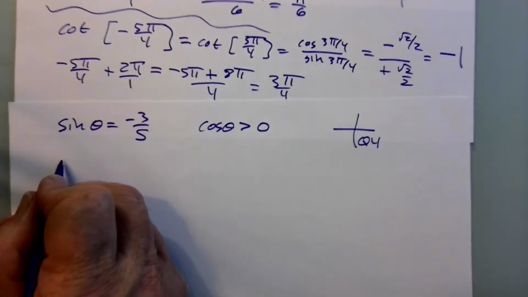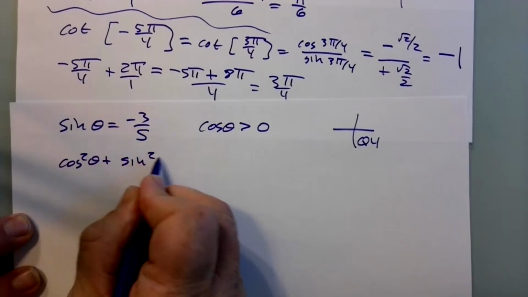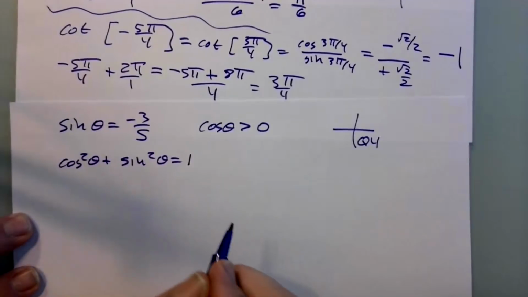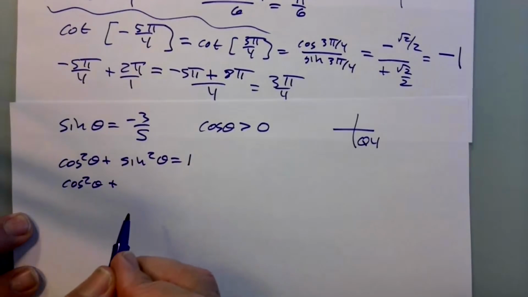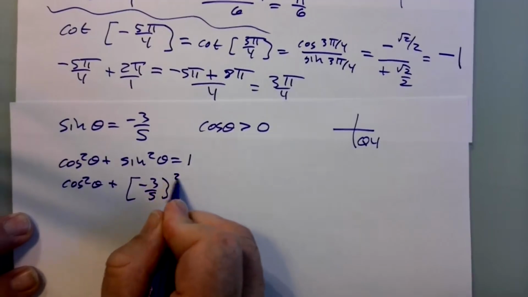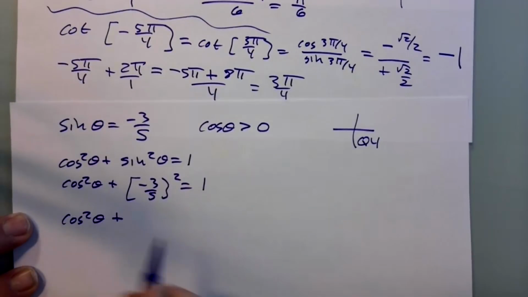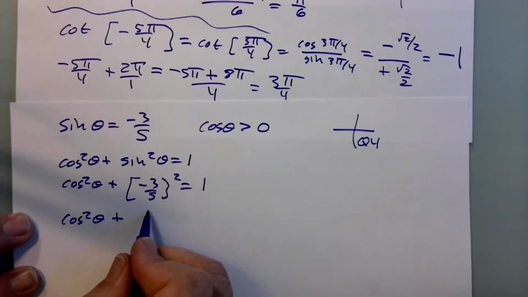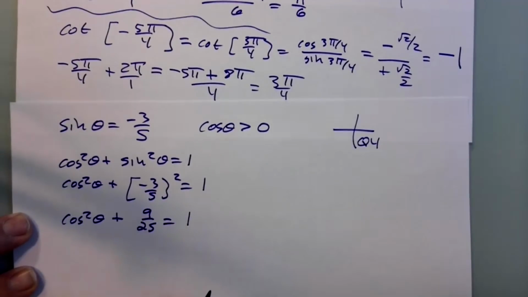Let's use our Pythagorean identity. Cos squared theta plus sine squared theta is 1. Cos squared theta plus negative 3/5 squared is 1. Cos squared theta plus positive 3 squared is 9, 25ths, is 1.